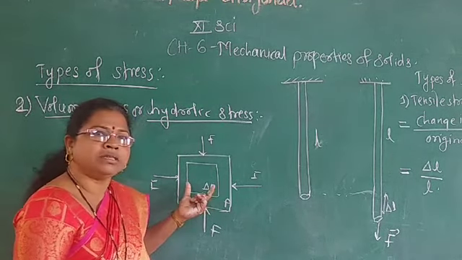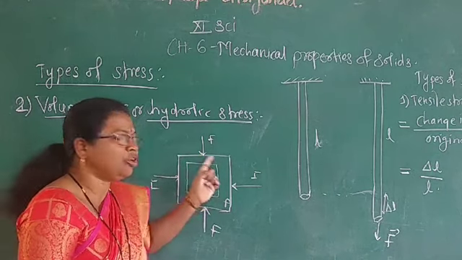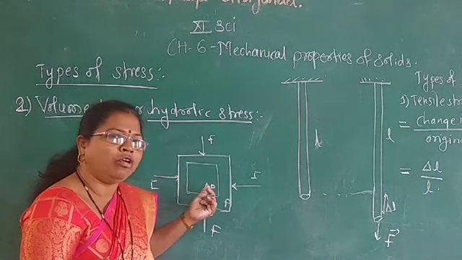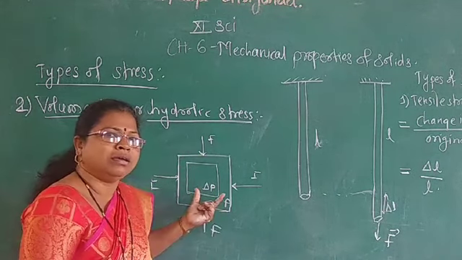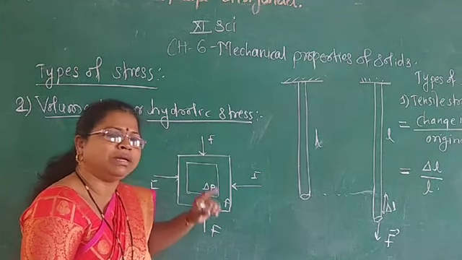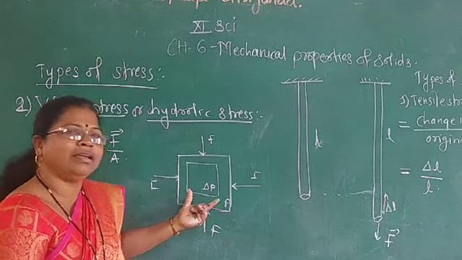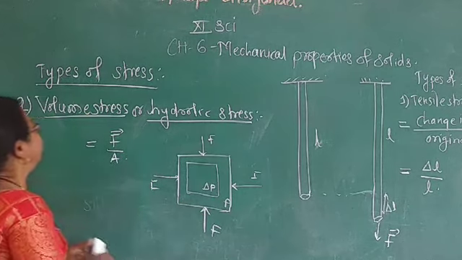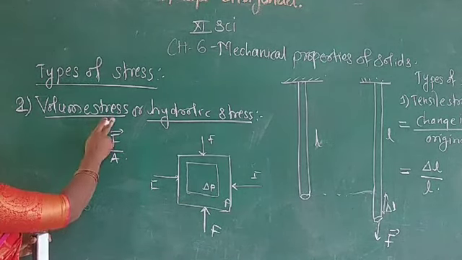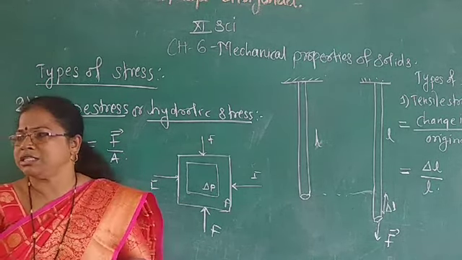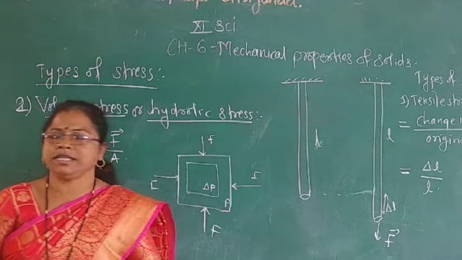That means there should not be a change in its shape, only the volume compresses. Its volume changes, but there should not be a change in the shape. Such a type of change is called volume stress or hydraulic stress.